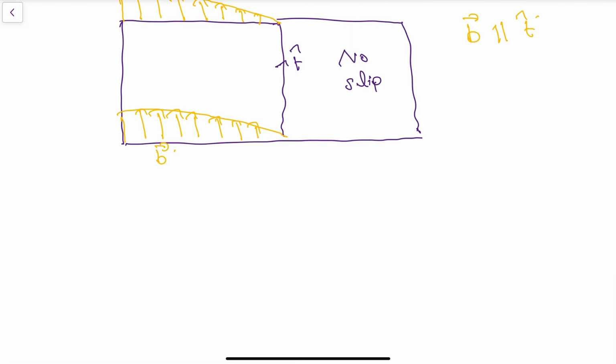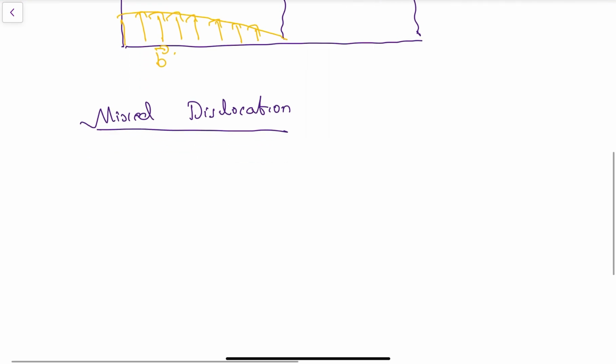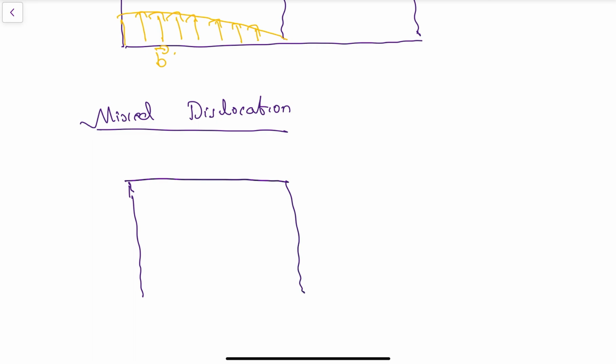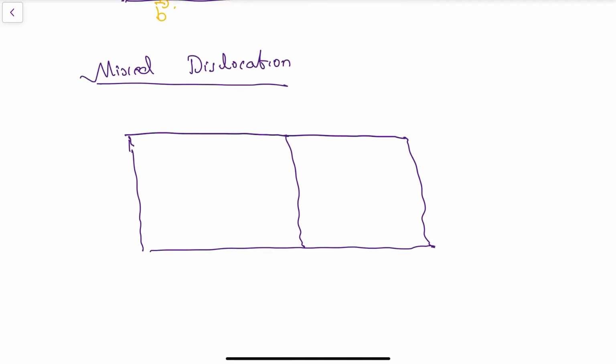And then you have the mixed dislocation. In a mixed dislocation, you have again the dislocation vector. These classifications are based on the angle between the Burgers vector and the tangent vector. Here the Burgers vector is not perpendicular nor parallel to the tangent vector.